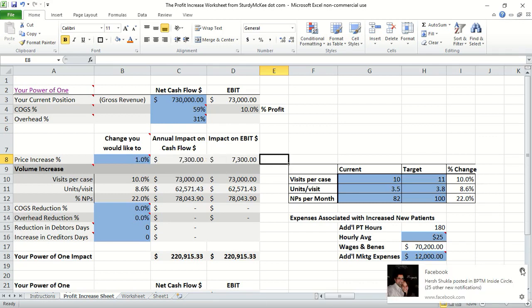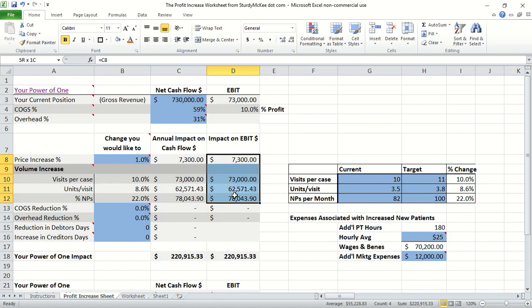Not bad. If we manage our front desk more closely and we manage our visits per case to see people according to their plans of care, whatever that might be, we manage our units per visit and make sure our therapists are billing for all their time, and we do a bit of a marketing effort to increase our new patients, we can realize a significant increase in our profit.